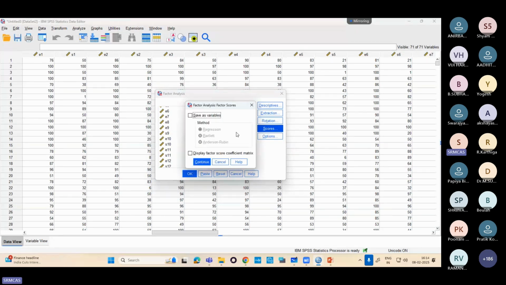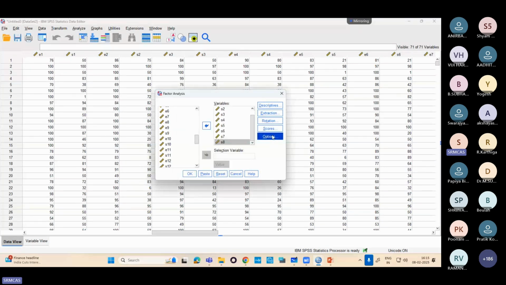If you want to save the estimated factor scores in the data file, you can click and save. For regressions, for further analysis, you can choose display factor score coefficient matrix, but we don't need that, I think. Then options.